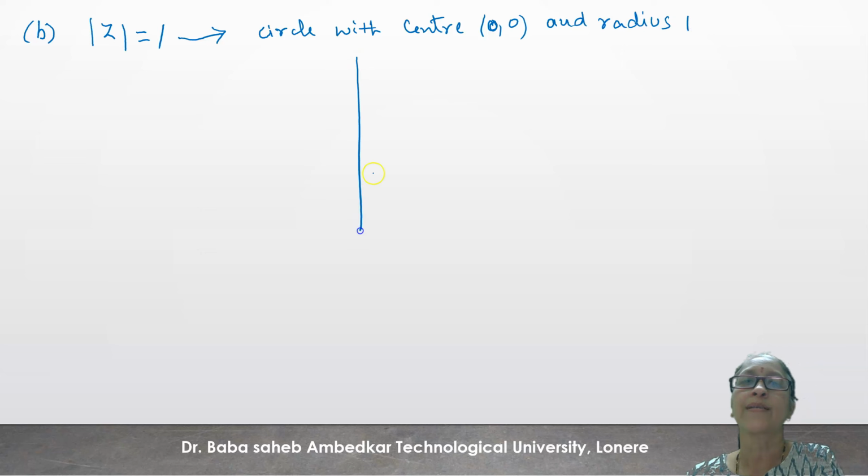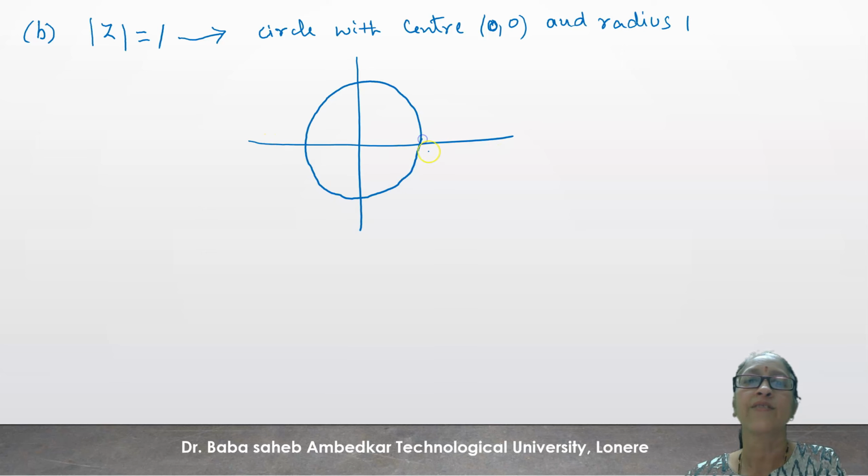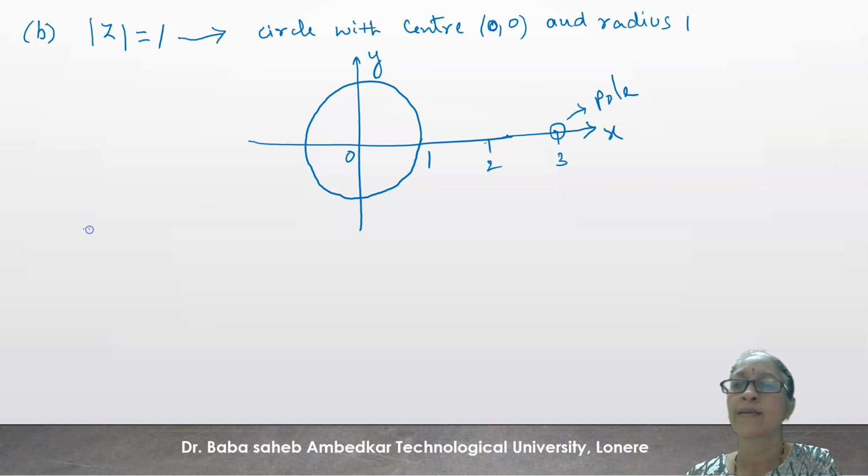So if you plot this again, here this is 1, radius is 1, but our pole, what is that pole? Pole is 3. 1, 2, 3. Here this one is the pole. So the pole is existing outside the circle now. Here z equal to 3 lies outside the circle.